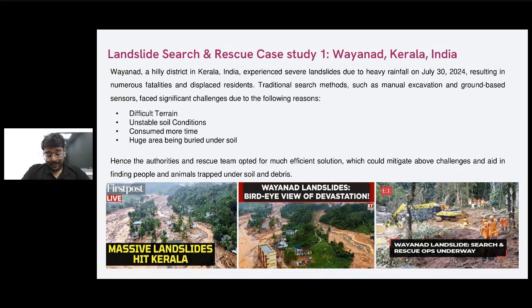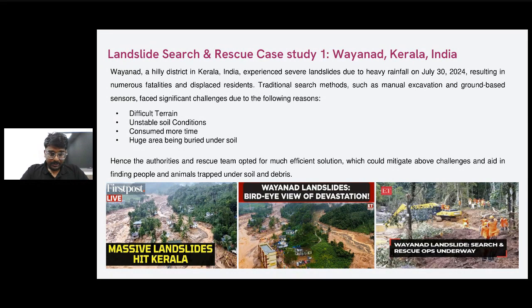Since the area affected by the landslide was very huge, conducting the search and rescue with the traditional system was practically ineffective. It consumed a lot of time. It would also not be very effective in going to places which were not stable due to the landslide.